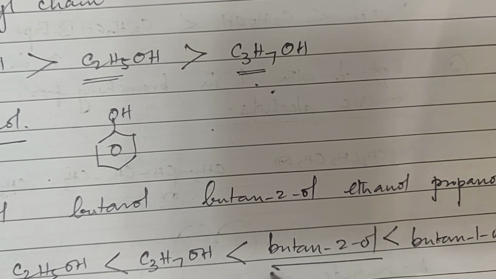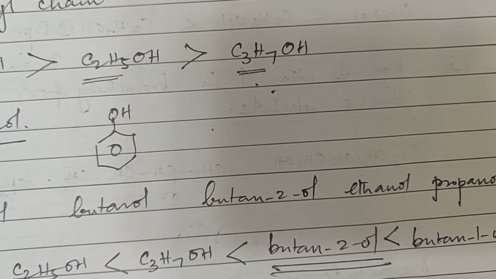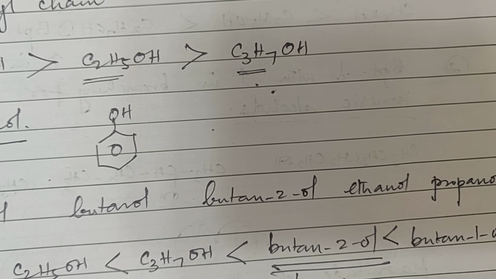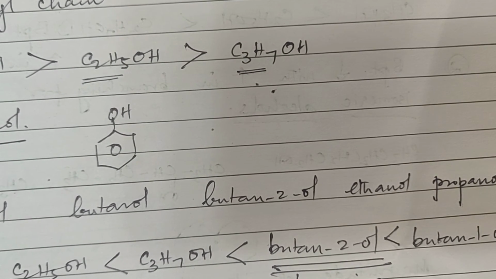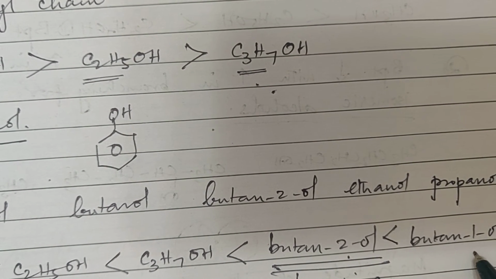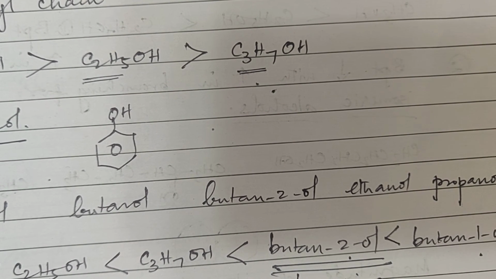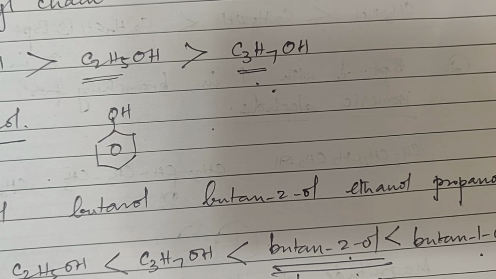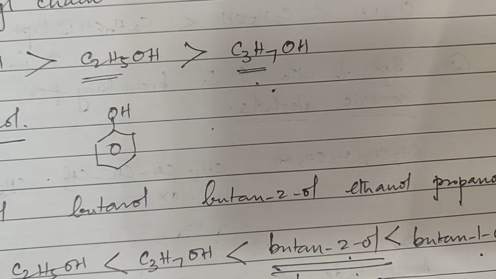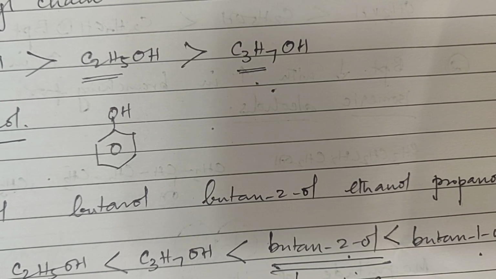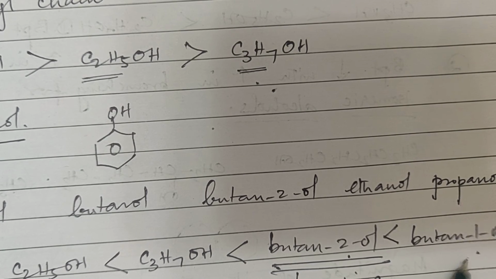Now here there is branching because the OH group is attached to the second position. Here the OH group is attached to the first position. With increase in branching, boiling point decreases, we already saw. That is the reason butane-2-ol has a lesser boiling point than butane-1-ol.